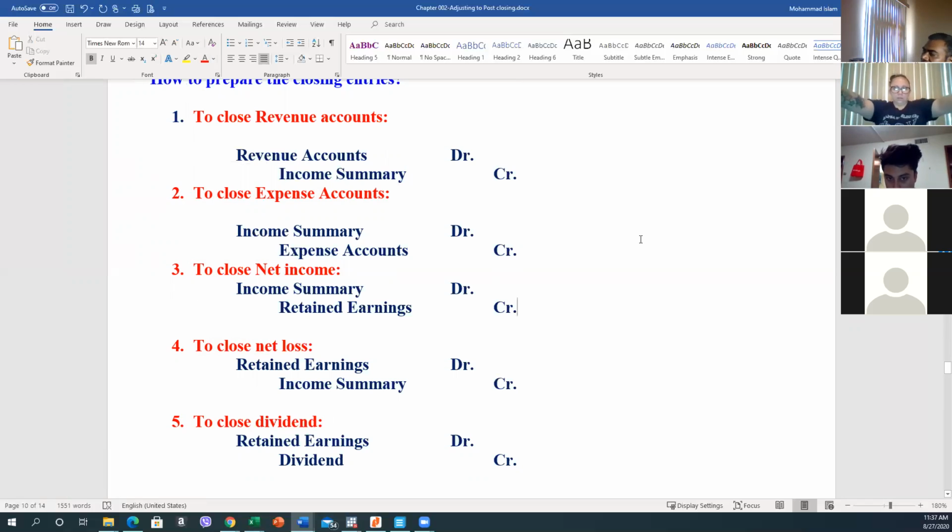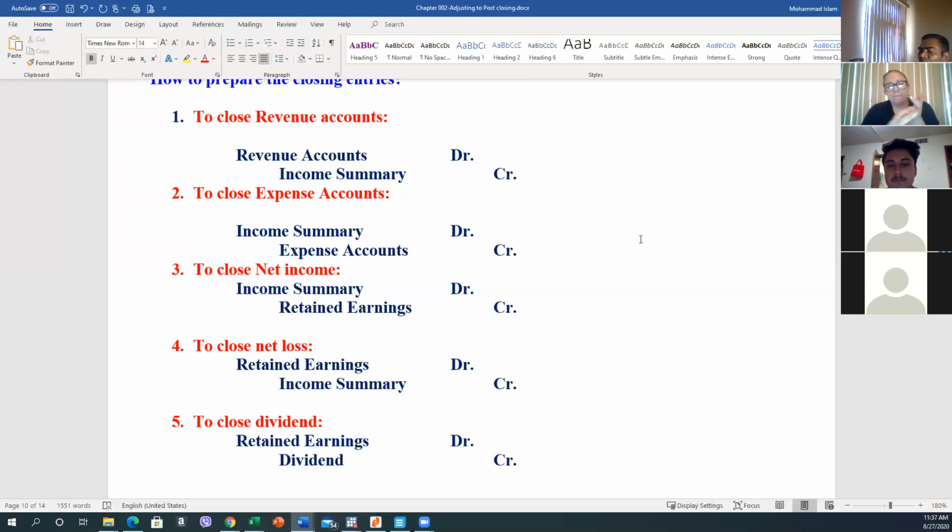Just a quick review. If we want to close the revenue accounts, they normally have credit balances, so debit them. Done. To close the expense accounts, which normally have debit balance, credit them. Done. Okay.